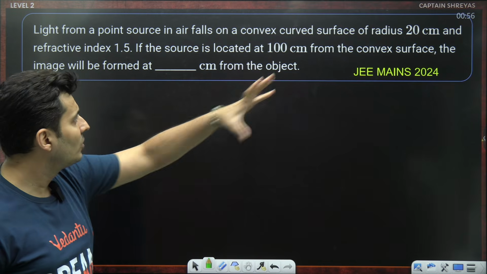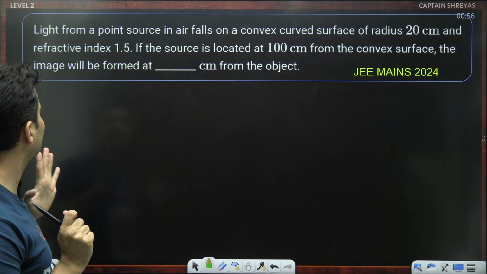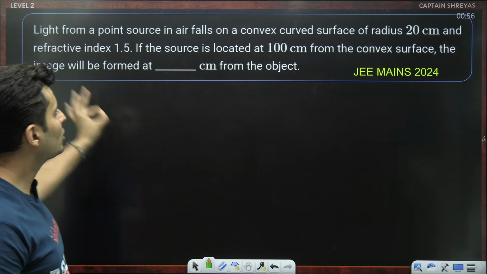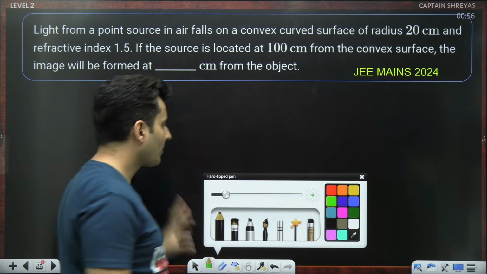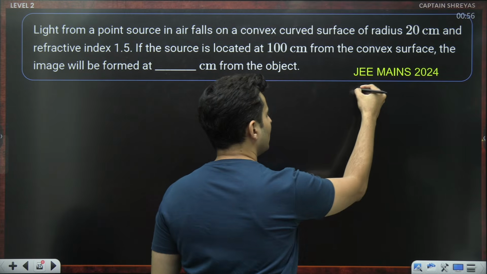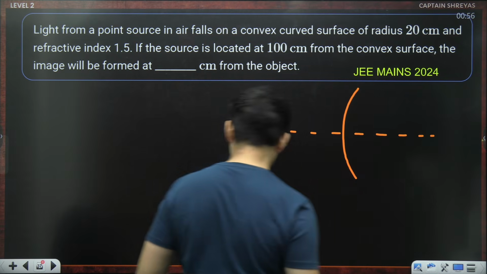Light from a point source falls on a convex curved surface. Radius is given, refractive index is given, source is away by some distance. Where will the image be formed? As per this question, there is a curved surface. Let's say this is the principal axis.